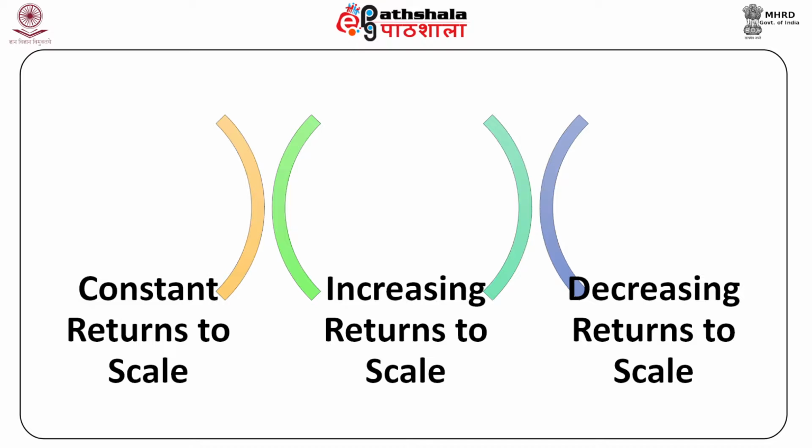This means doubling of both inputs leads to more than doubling of output. And third, a firm has decreasing returns to scale. A proportional change in both inputs leads to a less than proportionate change in output. This means doubling of both inputs leads to less than doubling of output.